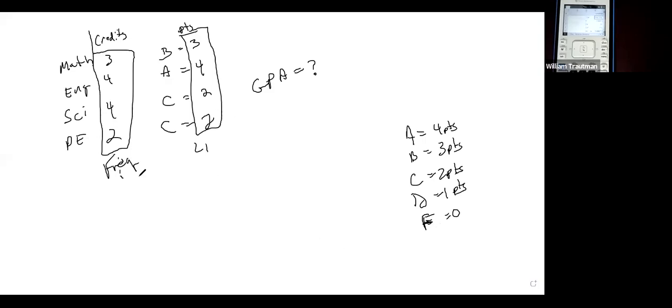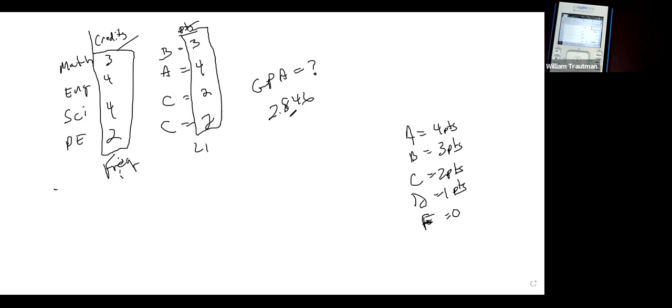So my GPA is 2.846. Our data is all whole numbers, so we can have 1 decimal place. Look to the right, 4 or less. You don't change that underlying number. So my GPA is 2.8 here.